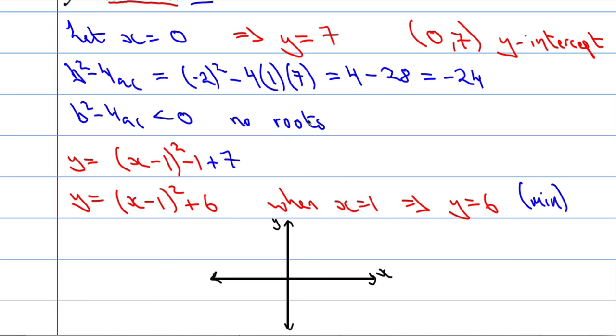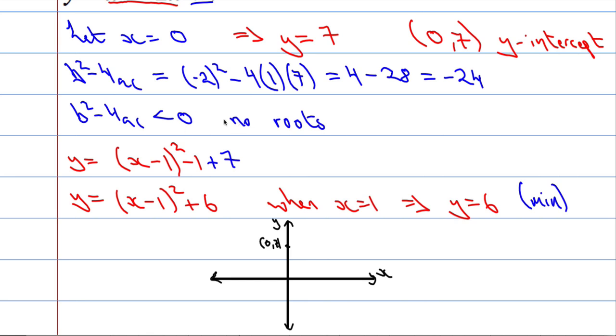Okay, now let's just put in the information we know. We know that when x is 0, y is 7, so I know that I can put that in, 0, 7. I know that the curve is going to be a U-shaped curve.